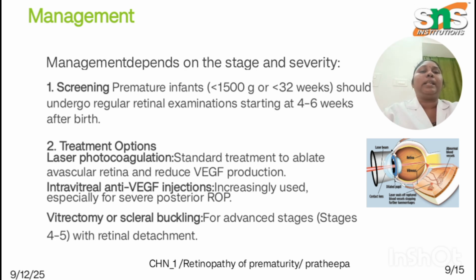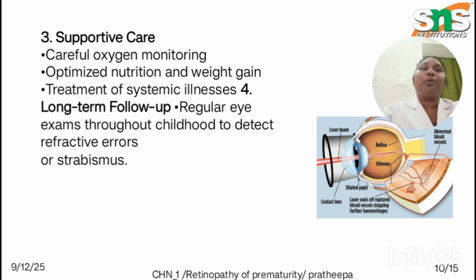Vitrectomy or scleral buckling can be done for advanced stages if the baby has retinal detachment. For supportive care, we should monitor oxygen carefully, optimize weight gain and nutrition, give systemic treatment if any condition is present, and do regular eye examinations throughout childhood to detect refractive error.